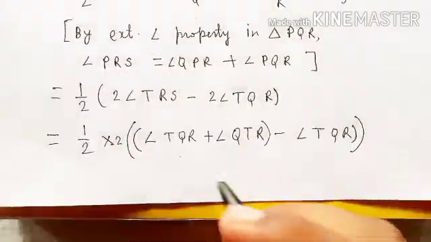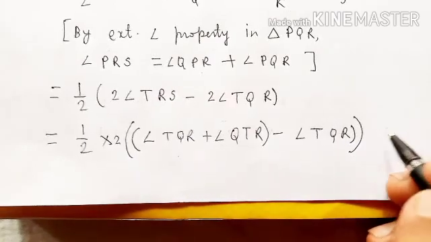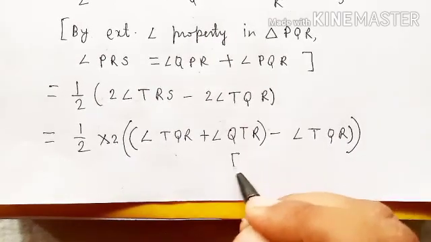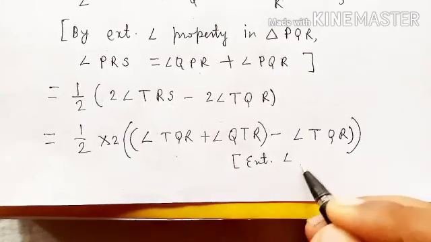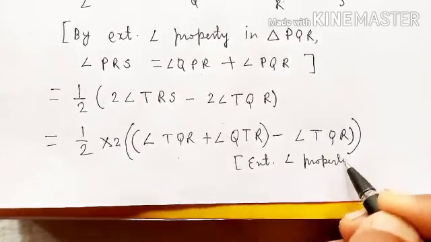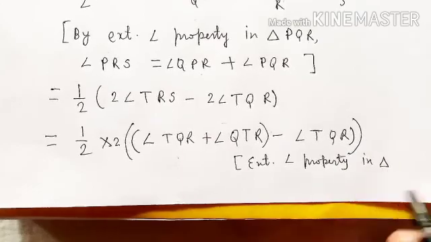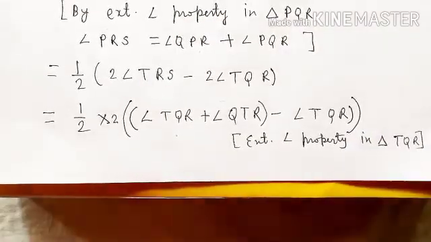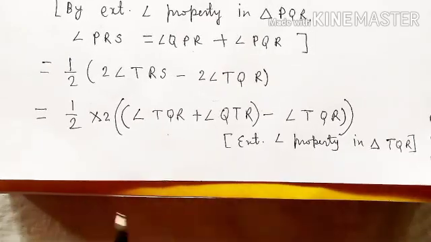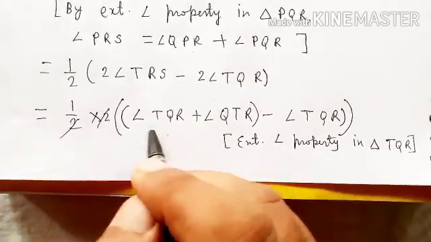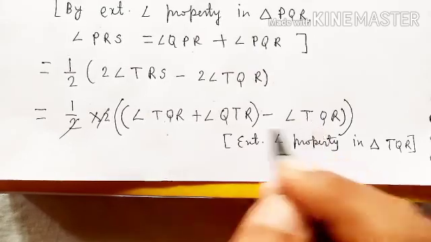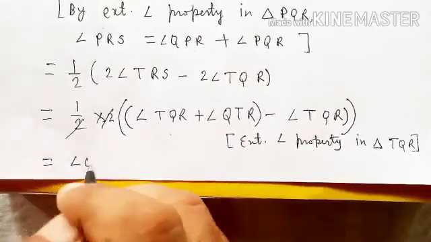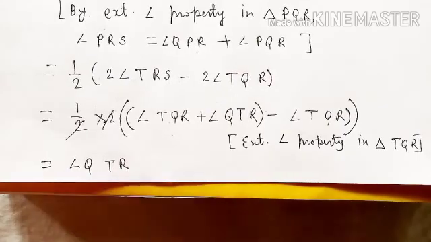Why so? You can write the reason: exterior angle property in triangle TQR. From here, you can see angle TQR is cancelled with minus angle TQR. So we have angle QTR, which was to be proved.